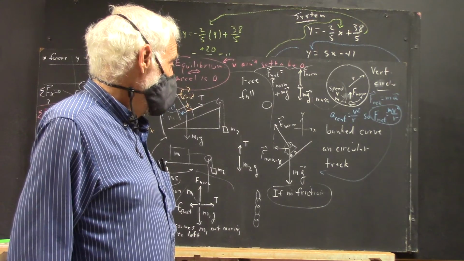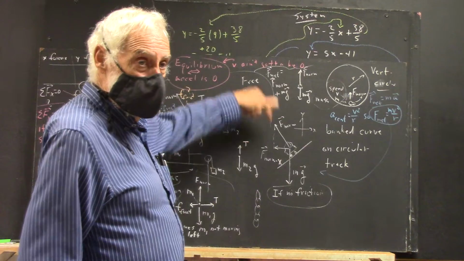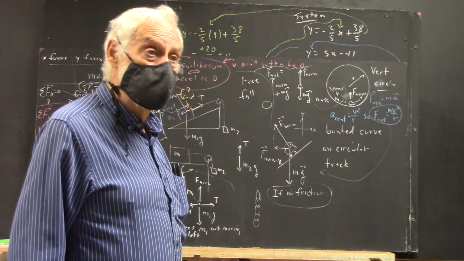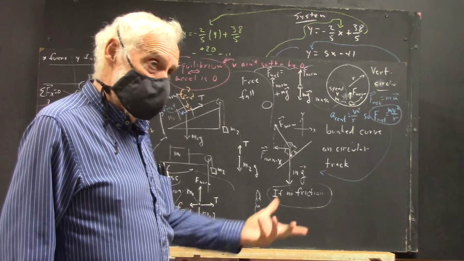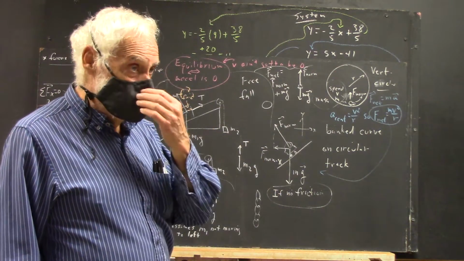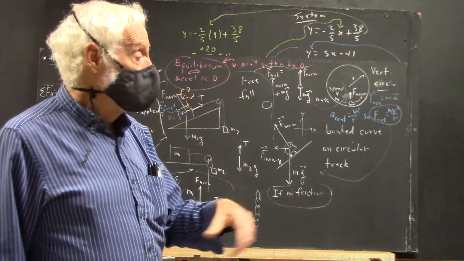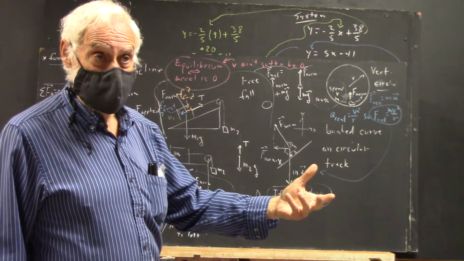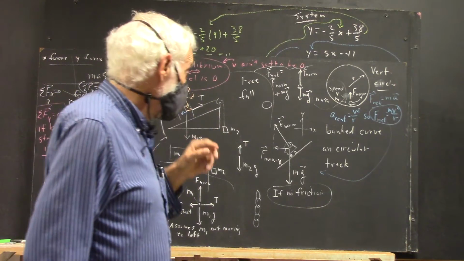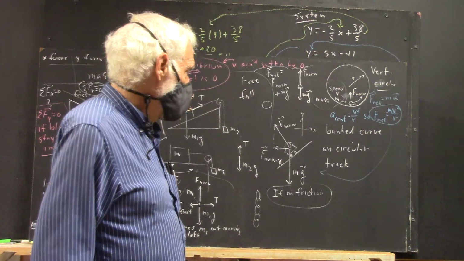Okay. I didn't get to the free fall, but basically, you have gravity acting downward and air resistance acting upward. Air resistance might be some multiple of the velocity, because the faster you're going, the more air resistance. If you're going fast enough, it's a multiple of the squared velocity. We'll talk about that next time, but it's pretty easy to understand mathematically. And the chain, we talked a little bit about that.